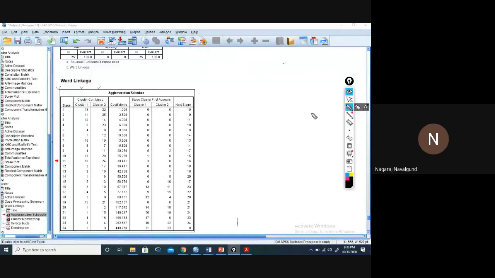So here we will include the next person in this cluster. 13 and 22 were first, and then this 10 means 13 is already there, and a new person, 20. So we are including this.